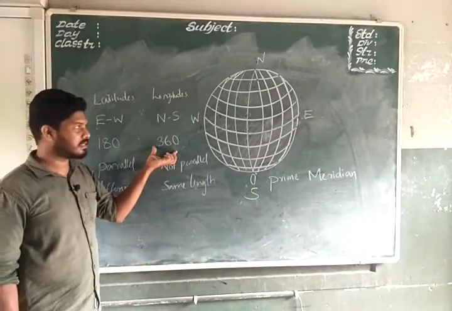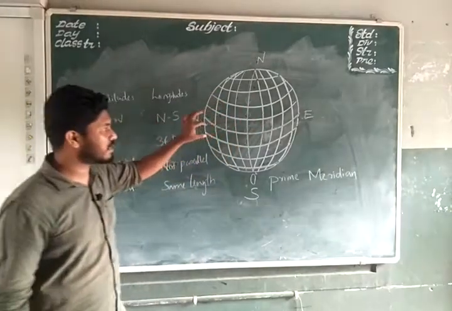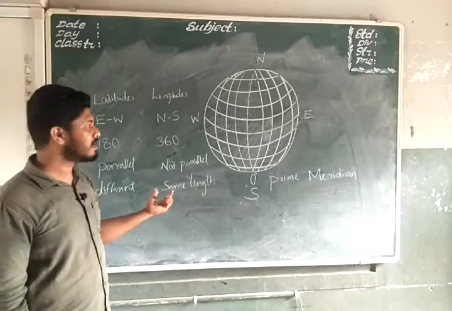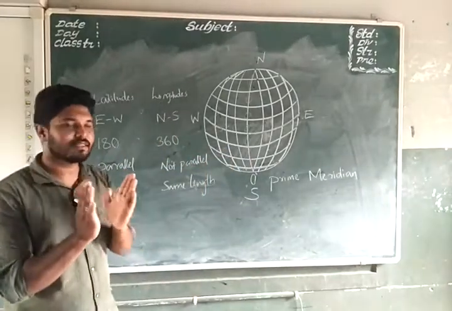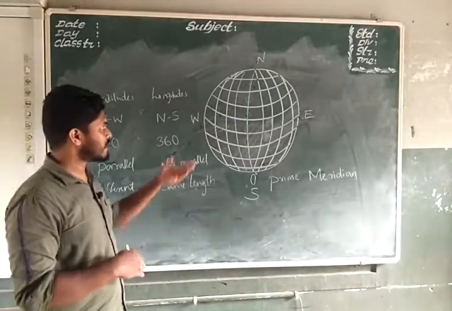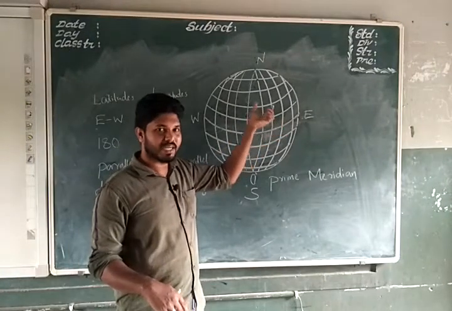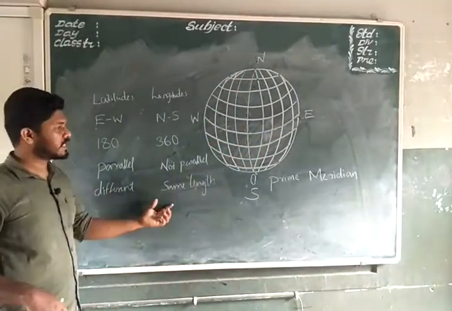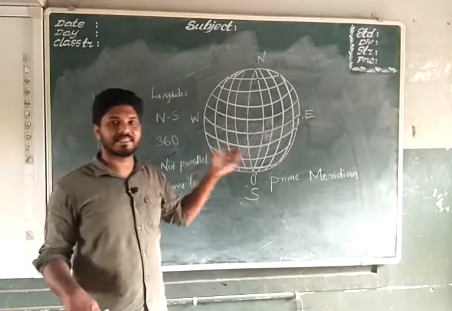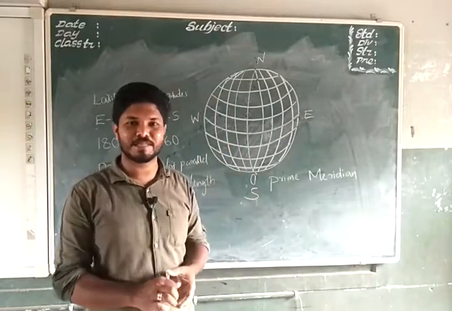Latitudes are parallel to each other, longitudes are not parallel. The width between the lines decreases in some places. And the length of the latitudes decreases as they go towards the poles, but longitudes have the same length everywhere.